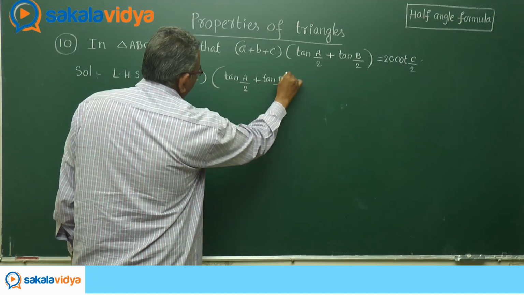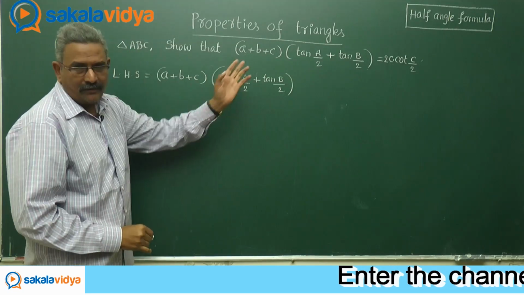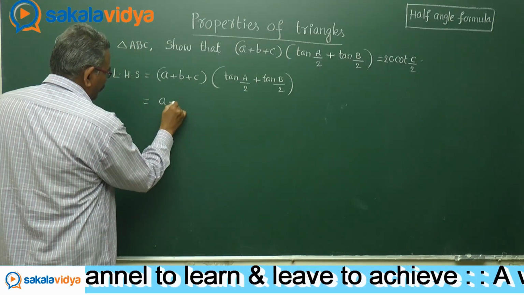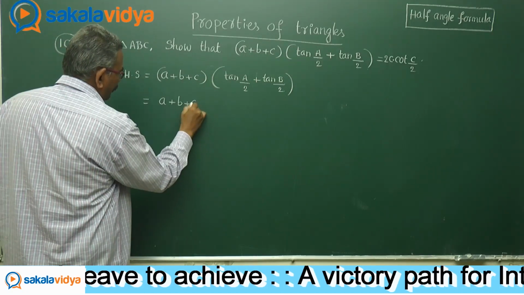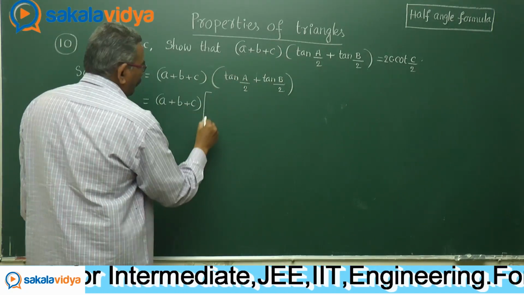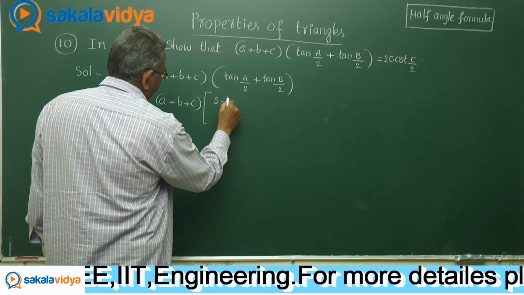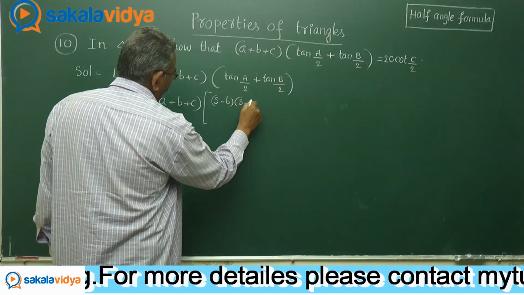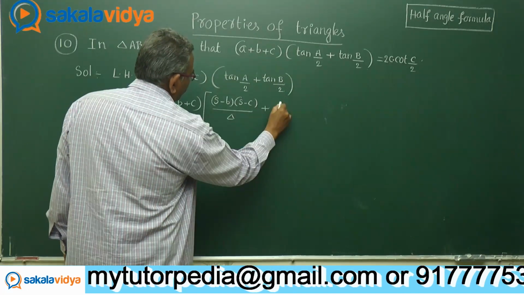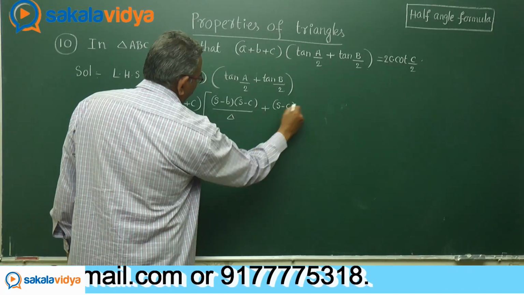Now we need to recall the half angle formulae. So that is (a + b + c) multiplied by tan A/2, which is (s-b)(s-c)/Δ, plus this is (s-c)(s-a)/Δ.